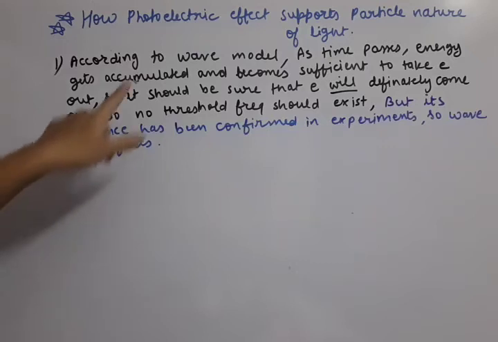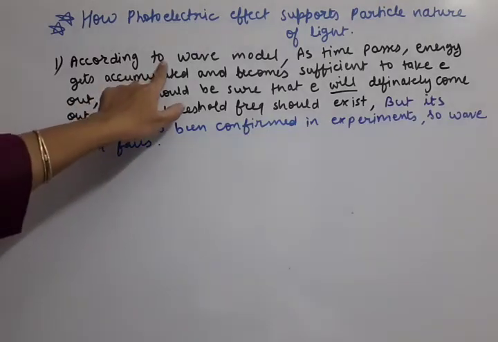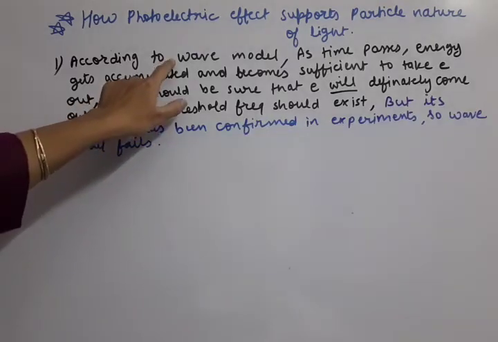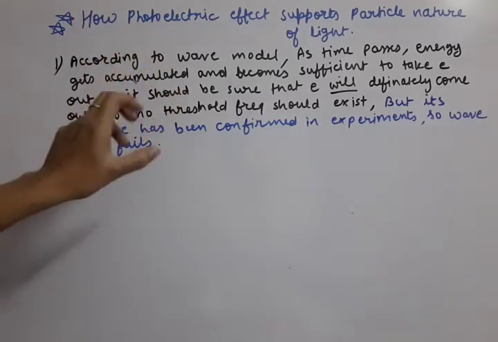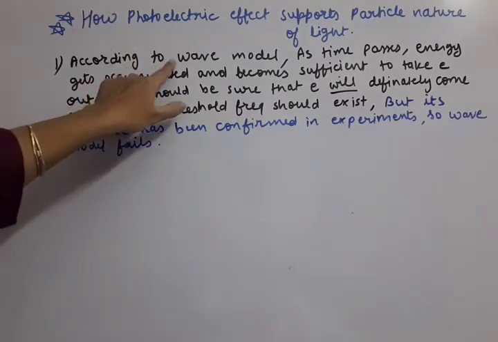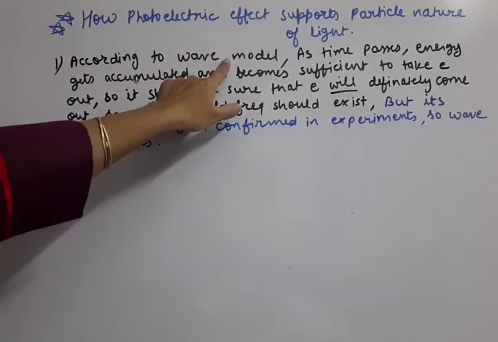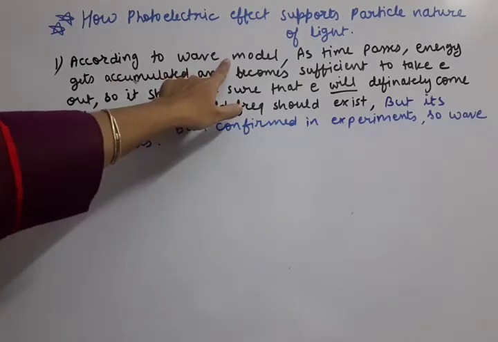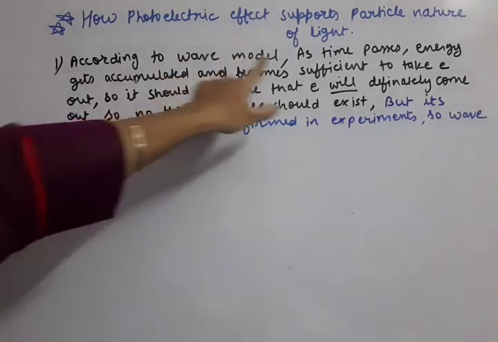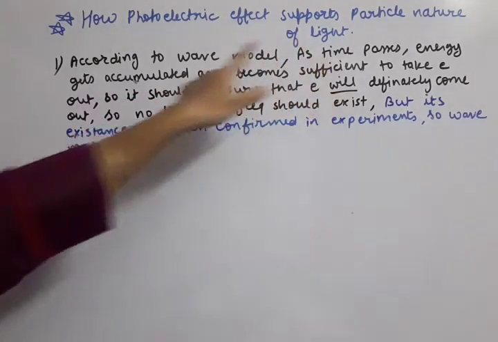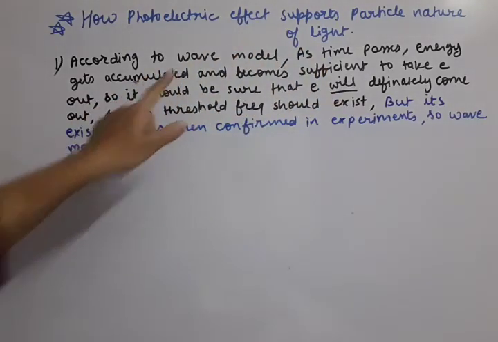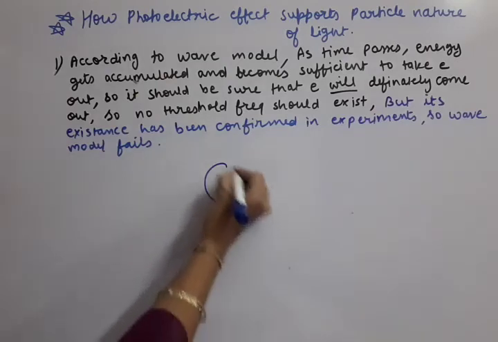Let us start now. See, the first point is the threshold frequency concept. If we consider the wave model of light, according to the wave model, as time passes, the energy gets accumulated. Suppose this is our metal surface.